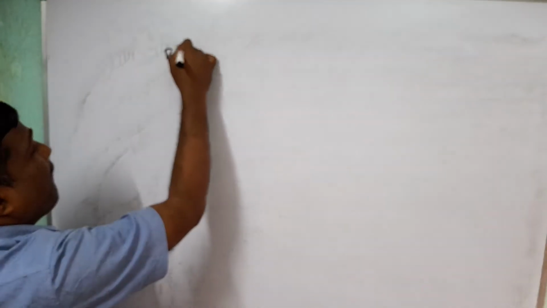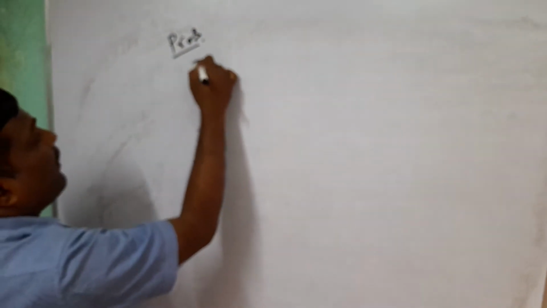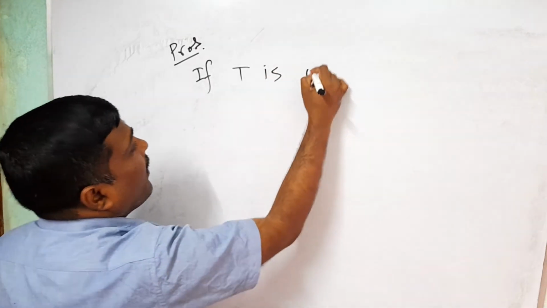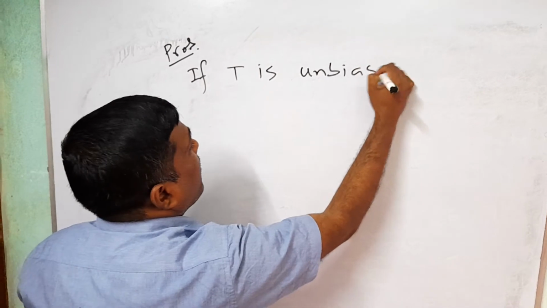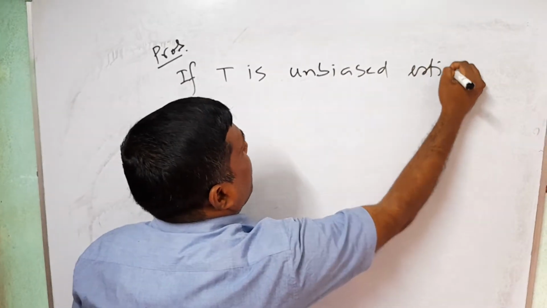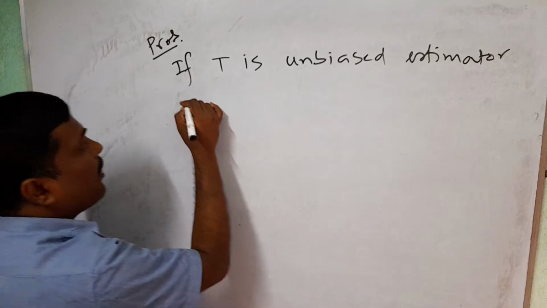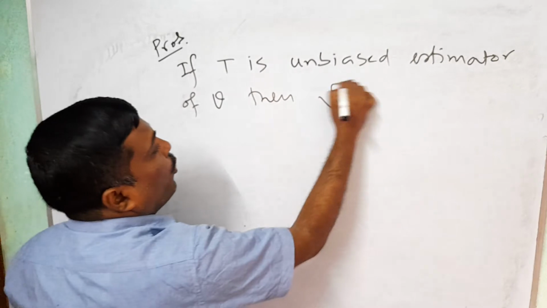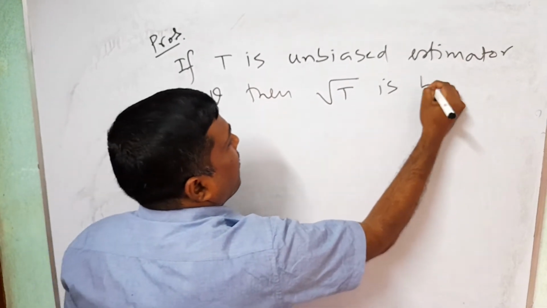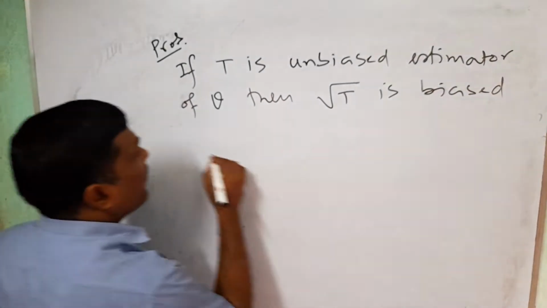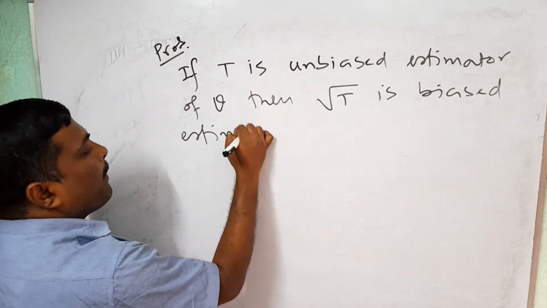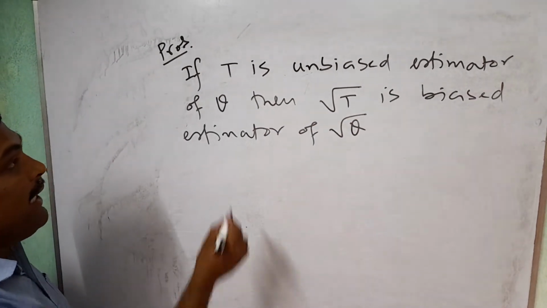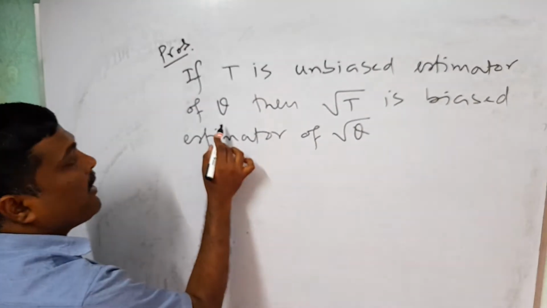Okay, next problem. If T is an unbiased estimator of theta, then root T is a biased estimator of root theta.